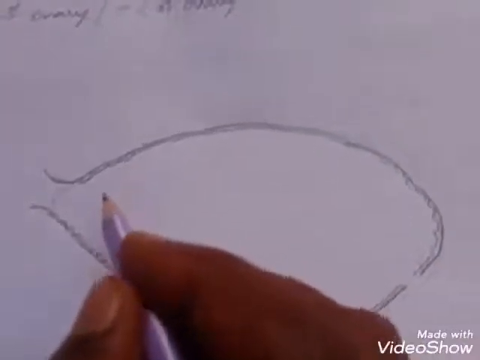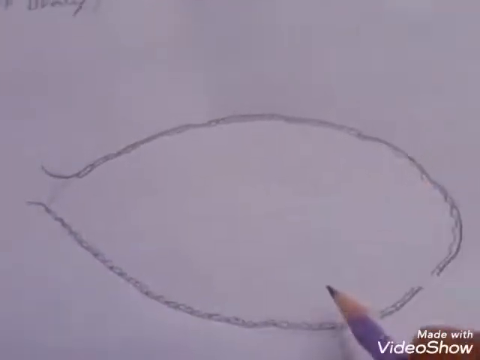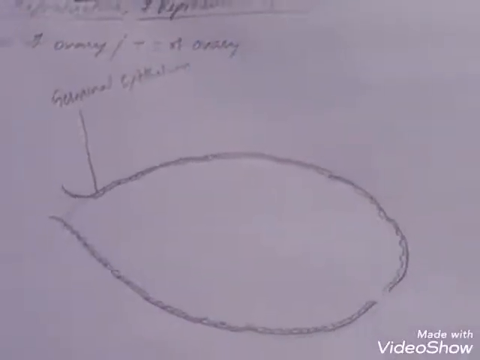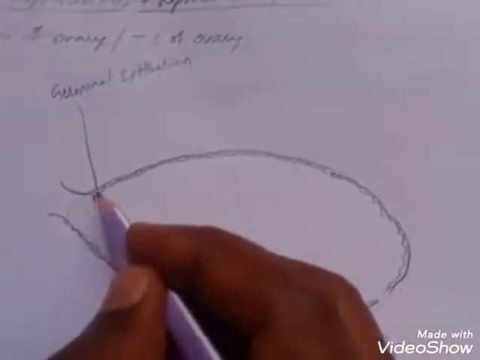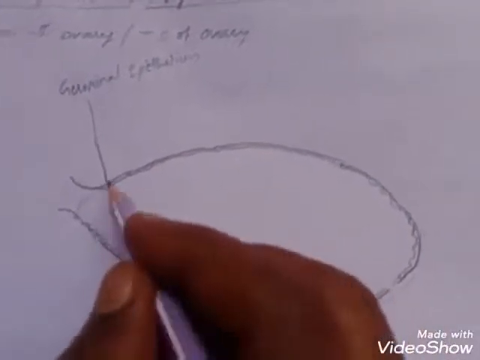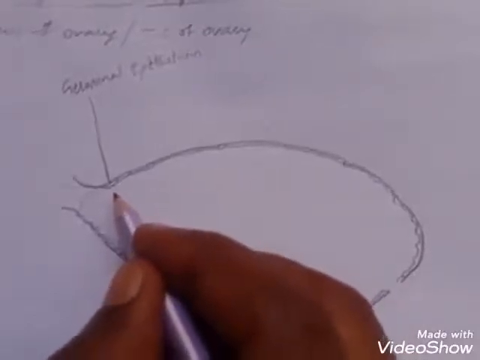Next you can show the two regions that we observe, so I'll mention them here. This is the first, that is the germinal epithelium. This germinal epithelium is the layer of cells which produces the follicular cells.